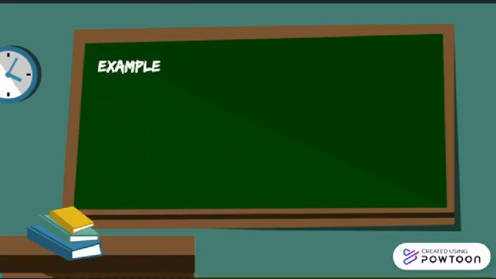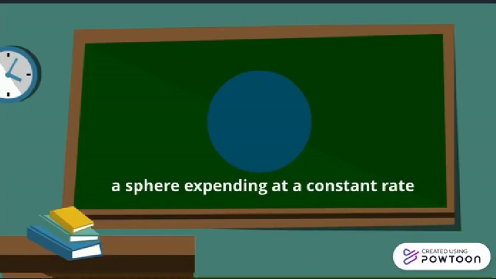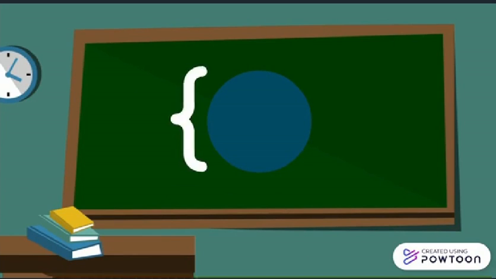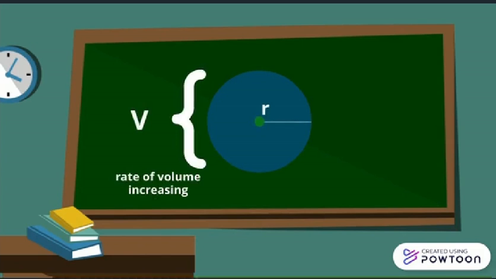For example, we have a balloon that we want to inflate, and let's pretend that the balloon is a perfect sphere. So we have a sphere that is expanding at a constant rate. Now we want to describe the rate at which the volume of the sphere is increasing, as well as the rate at which the radius of the sphere is increasing.